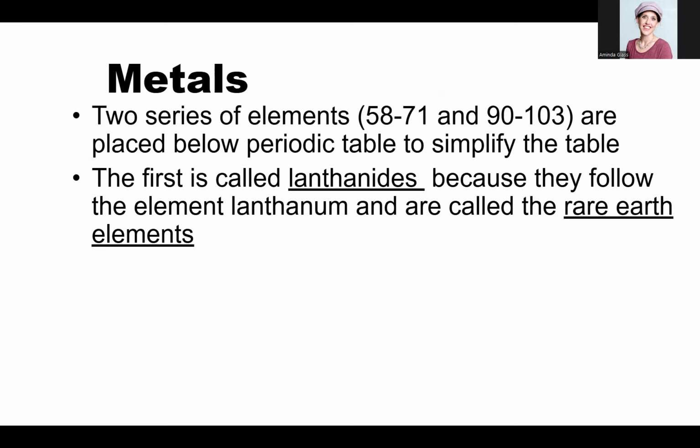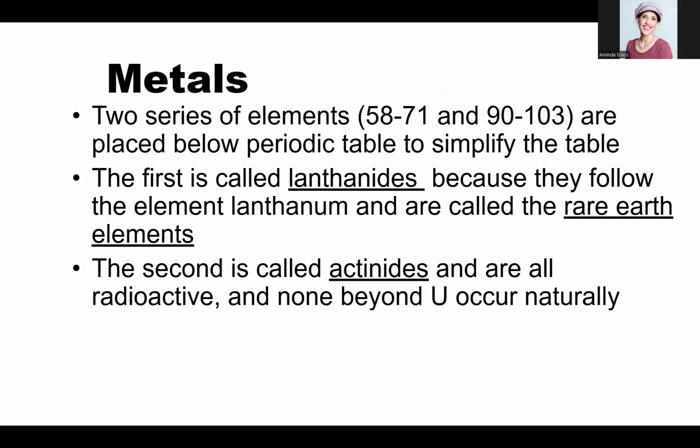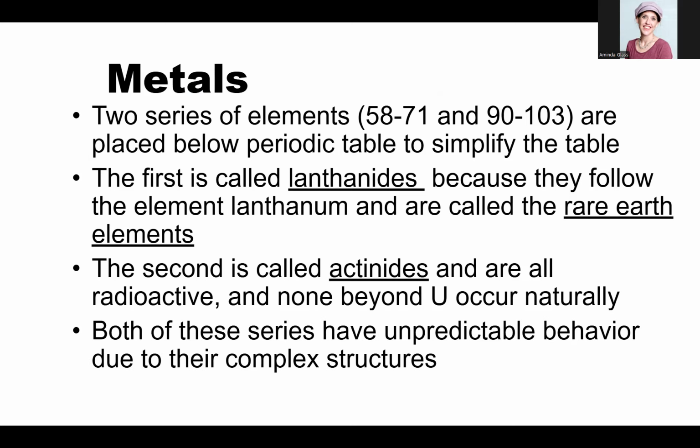Now, the first, like I said, is lanthanides, just because they follow the element lanthanum, and they're called the rare earth elements. And the second is called the actinides because they follow actinium, and they are all radioactive, and none beyond uranium occur naturally.